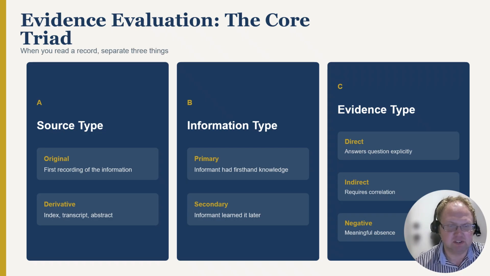Third is the evidence type: does the evidence directly answer your question, or does it contribute indirectly? Direct evidence explicitly states your answer. Indirect evidence provides pieces of information that require correlation that ultimately leads you to the conclusion of who's related to so and so.